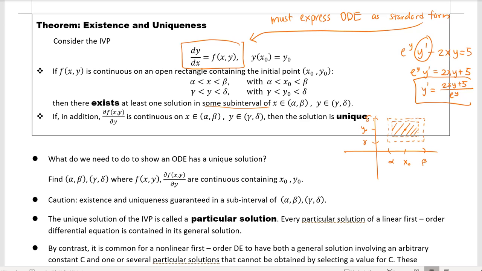Okay, maybe a solution exists here, in a smaller rectangle. In addition, if partial f partial y, so be careful, this is the partial derivative of f with respect to y, is continuous on this open rectangle, then the solution we get from step 1 is unique. Okay?